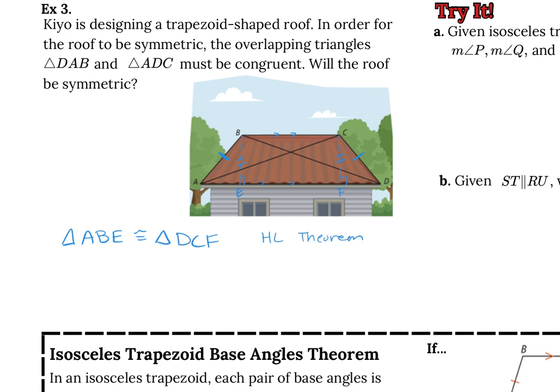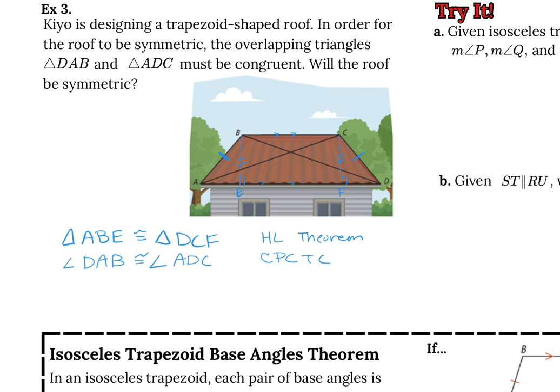Okay, next we want to try to prove that triangle DAB is congruent to triangle ADC. We know that angle DAB is congruent to angle ADC, and that is because congruent parts of congruent triangles are congruent.